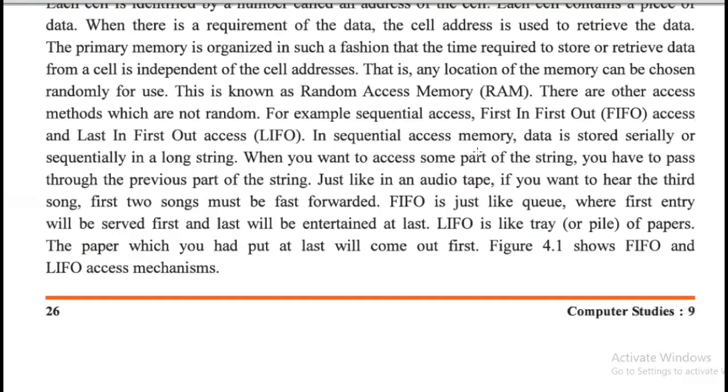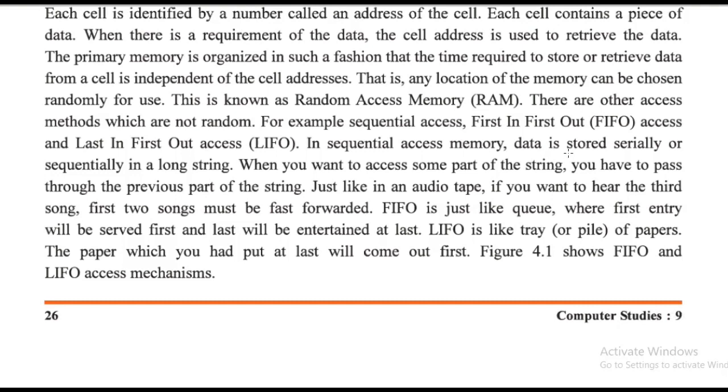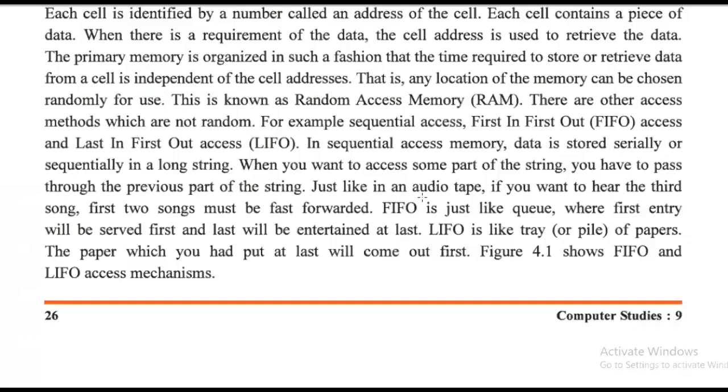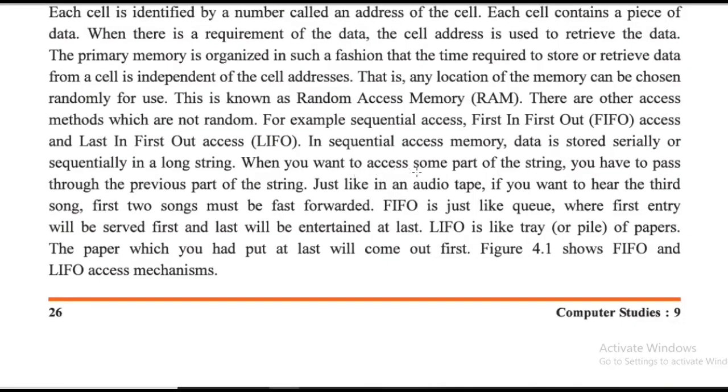So there are examples. In sequential access memory, data is stored serially or sequentially in a long string like this. You can consider this as sequential data. In continuous storage, it occupies continuous storage without leaving space in between. Now, when you want to access some part of the string, you have to pass through the previous part of the string.